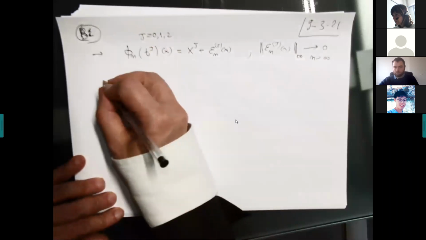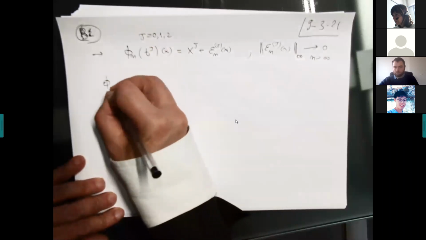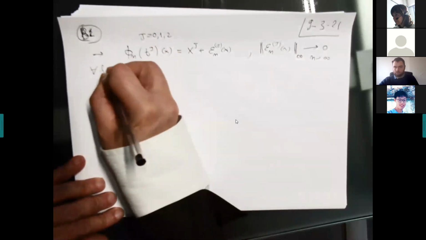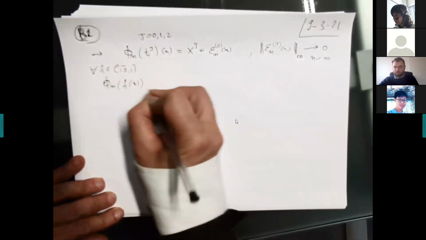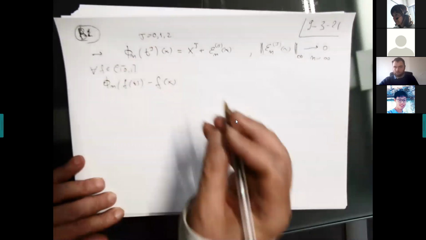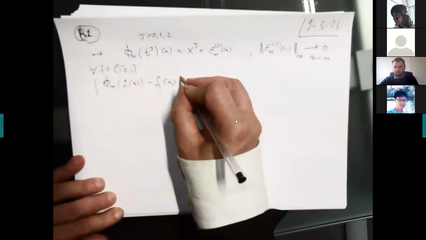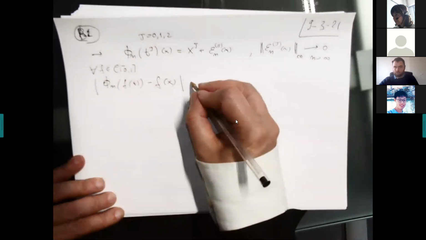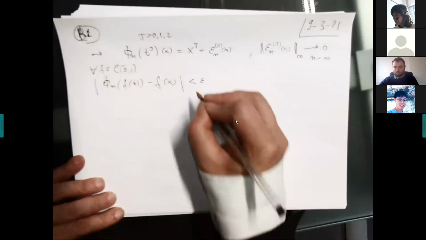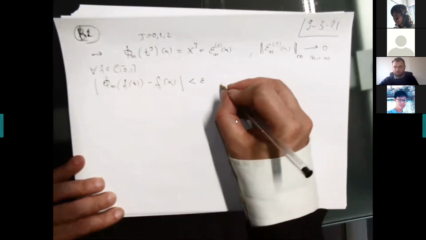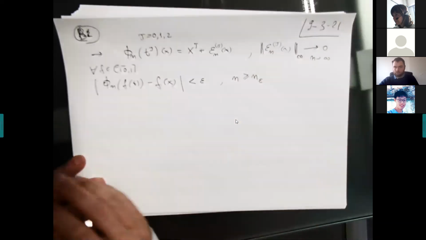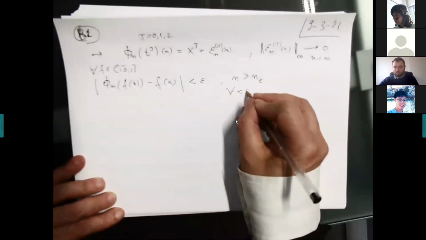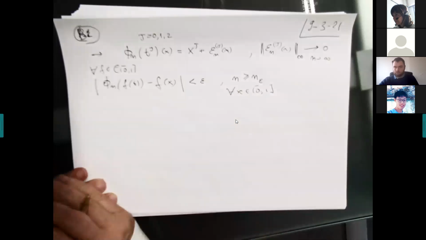We want to prove that phi n of f minus f of x can be bounded by some epsilon for n larger than a certain n of epsilon and for any x in 0, 1. Okay?